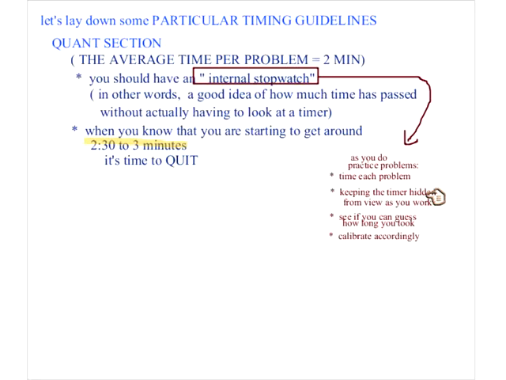At the end of the problem, before you look at it, you say, okay, I think that was about 2:30. And then if you turn the timer over and it says 3:45, you know you've got issues, and you have to calibrate your estimates down accordingly. Similarly, if you turn it over and it's half the time you thought it was, then you've got issues the other way. So it's really just repeated trial and error. It's not a real fancy procedure.